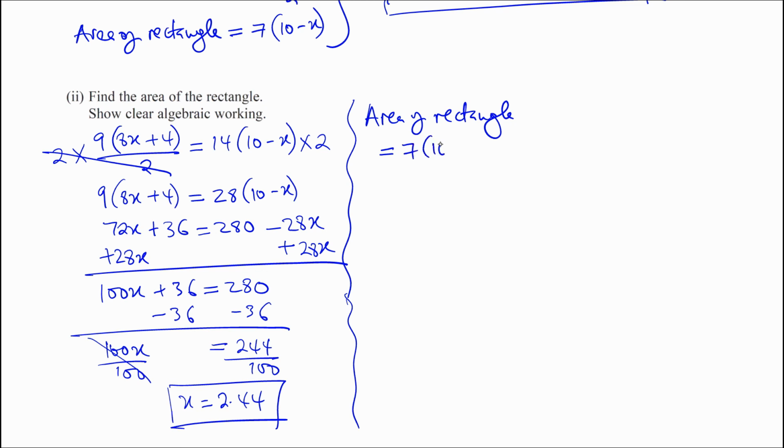But x is 2.44, that will be 7 into 10 minus 2.44, which is the same as 7 multiplied by 7.56. And if you multiply that out, you'll end up with 52.92 as your area of the rectangle.